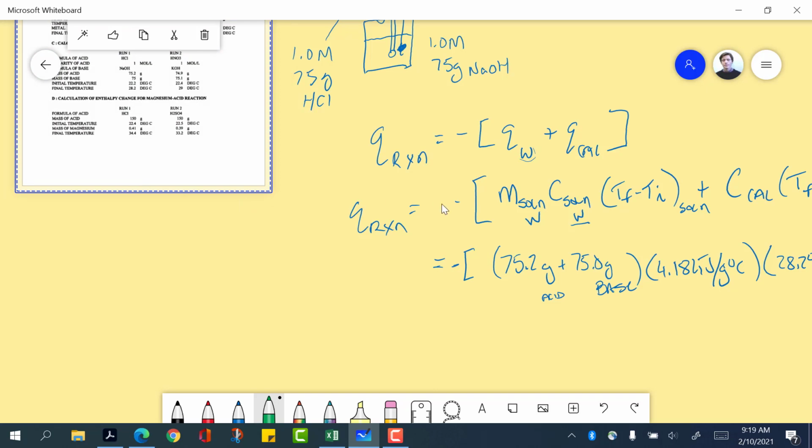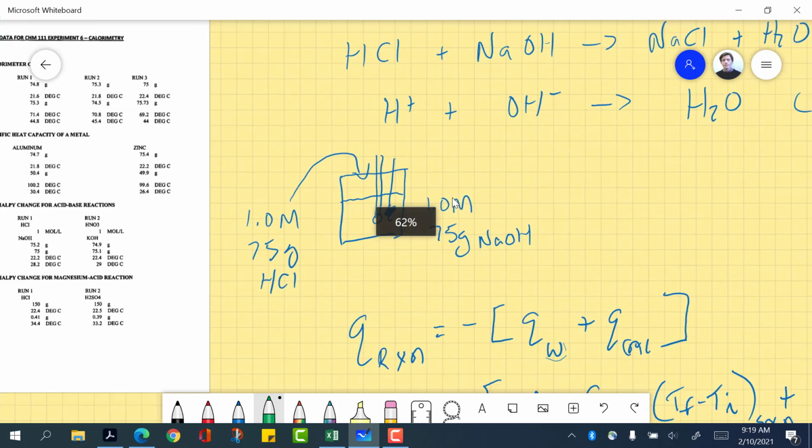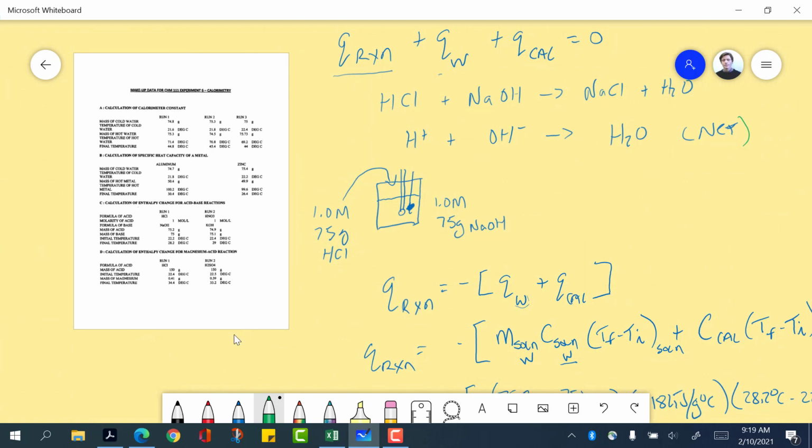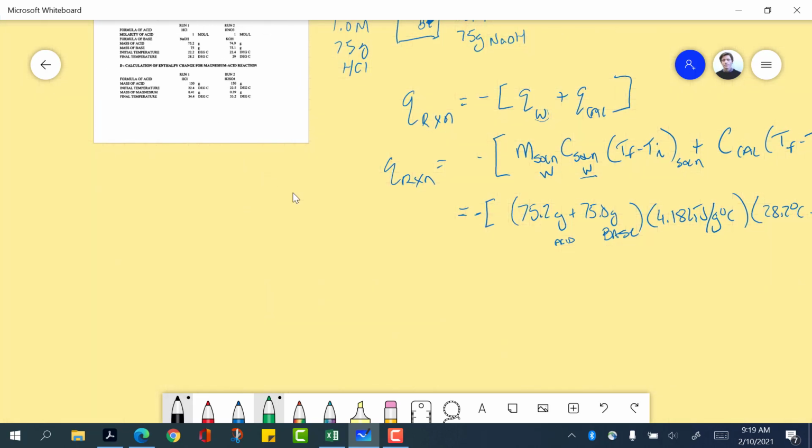So you'll take some metal like magnesium, and in your calorimeter you would have inside it acid solution, about 150 grams of acid, maybe like HCl in there.